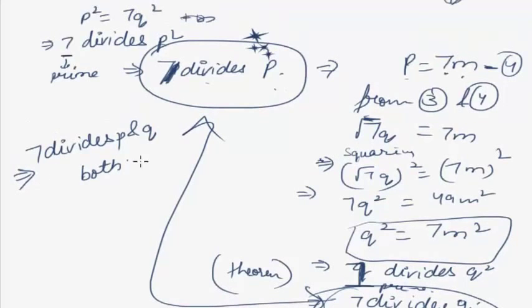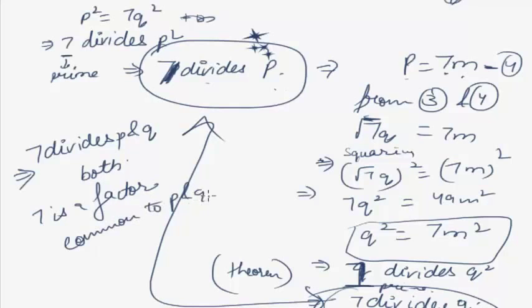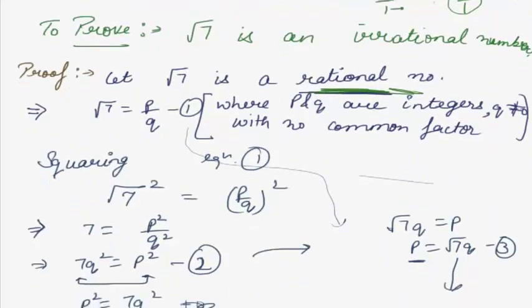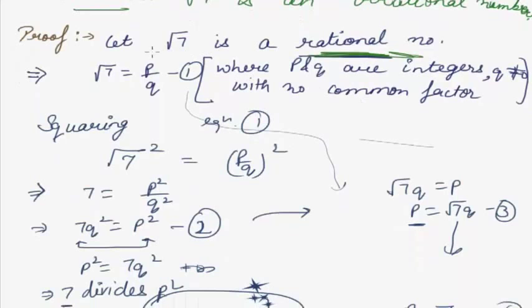That is, 7 is a factor common to p and q. But if root 7 is a rational number, which we have assumed, then p and q will not have any common factor if root 7 is written in its simplest form in this fraction.